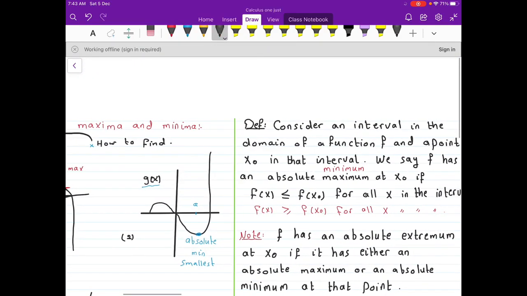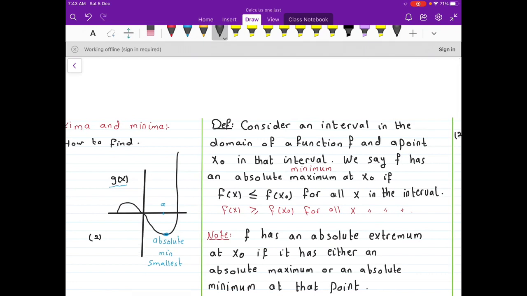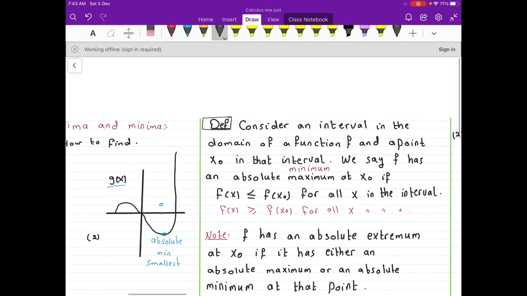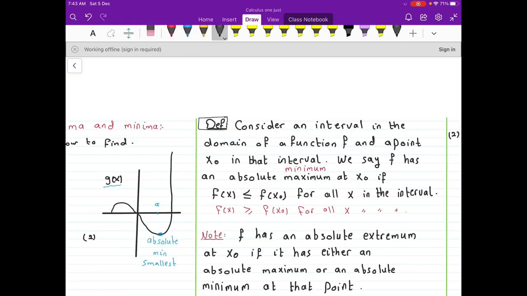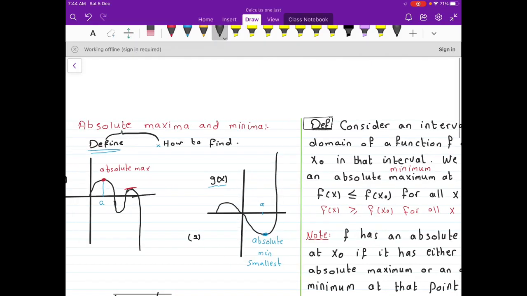Okay, now the definition. What do we mean by absolute max and minimum? Consider an interval in the domain of a function f and a point x naught in that interval. So for this function, suppose this point a we call x naught, and these are the coordinates (x naught, f(x naught)).